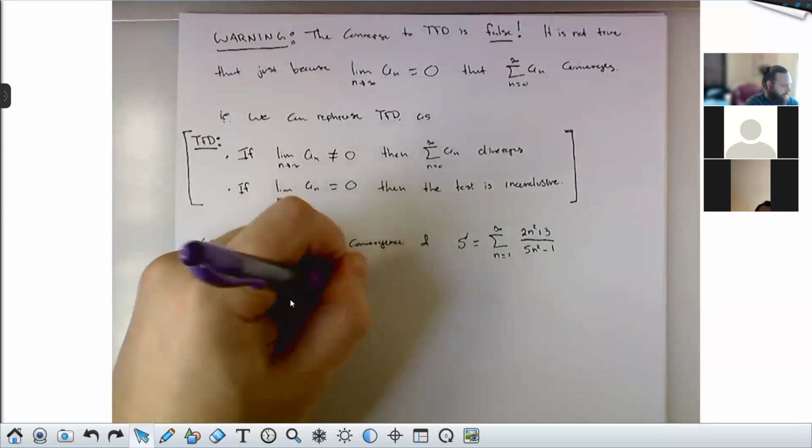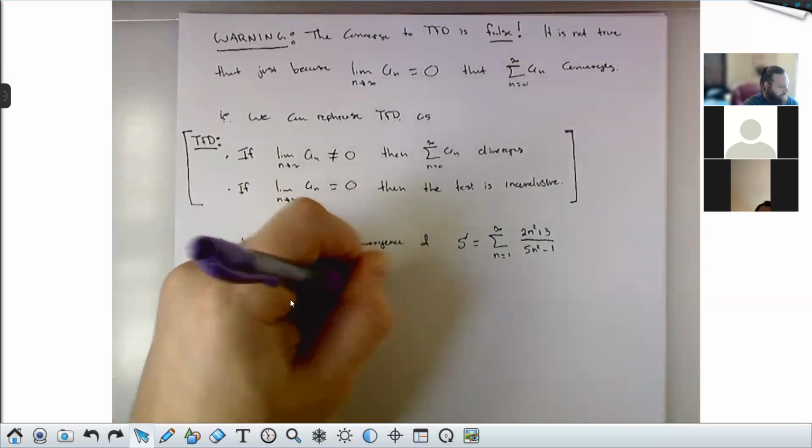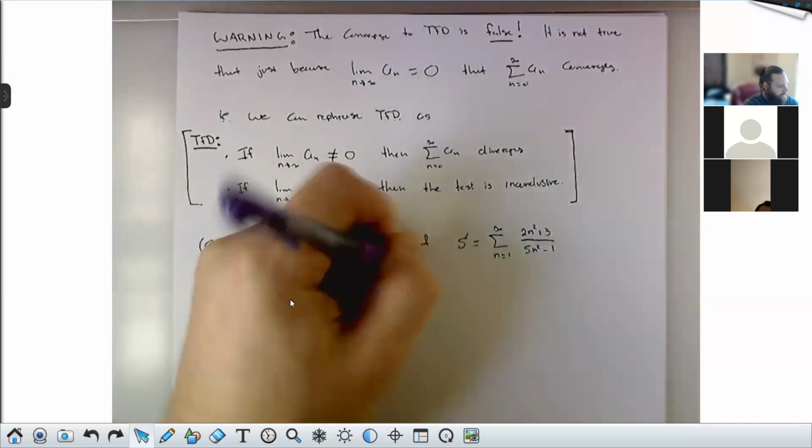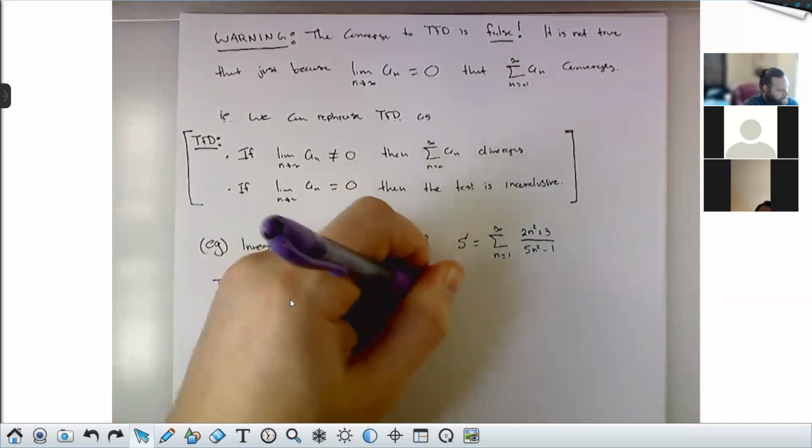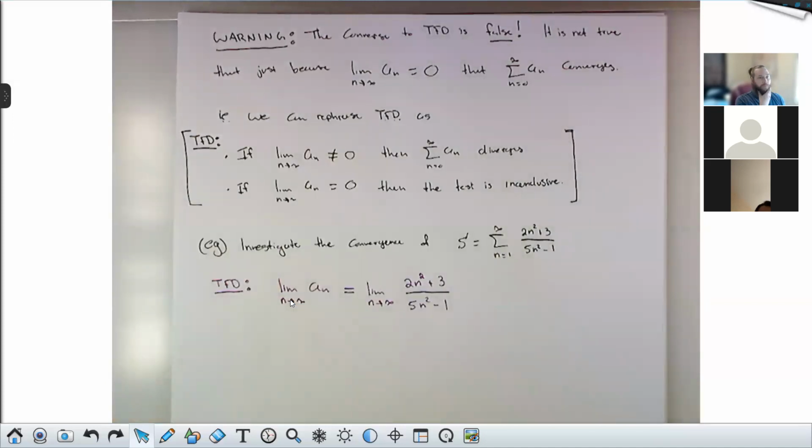The limit of the a_n is the limit as n goes to infinity of (2n squared plus 3) over (5n squared minus 1). Now, according to the test, if this limit is not 0, then the series sigma a_n diverges. If the limit is 0, we don't learn anything. The test is inconclusive.